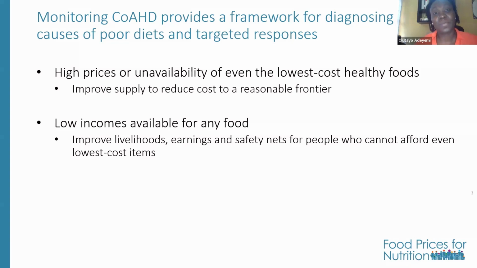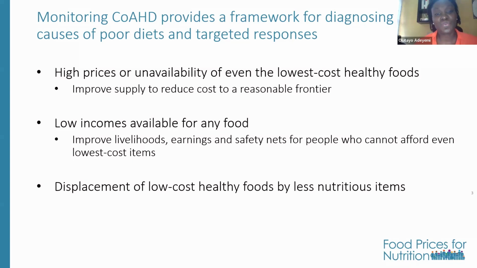And in a lot of cases, maybe they cannot even afford to consume adequate quantities of starchy staples. So in such a situation, the cost and affordability of healthy diets can allow you to identify if this may be happening. And so in this situation, you have to work on improving livelihoods, earnings, and safety nets for people who cannot afford the lowest cost items.